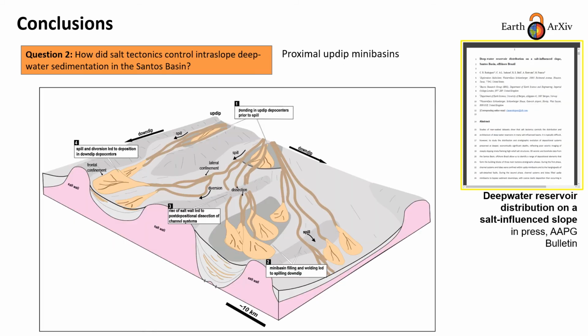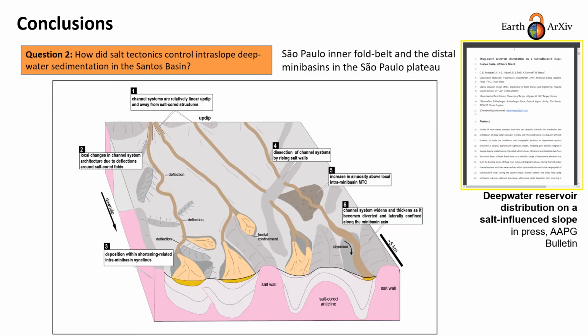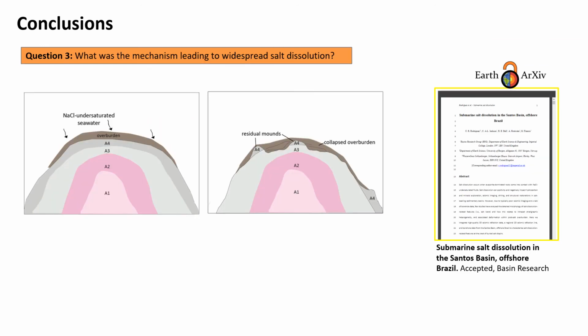I illustrated some of the salt tectonics controls on intraslope deepwater sedimentation in the Santos Basin, including ponding in updip depocenters and dissection of the channels by rising salt walls. In the fault belt, we saw local changes in the architecture of the systems, like diversion and lateral confinement along minibasins.